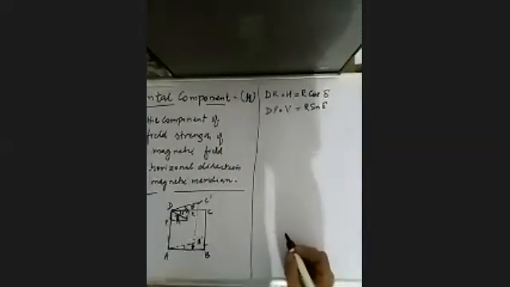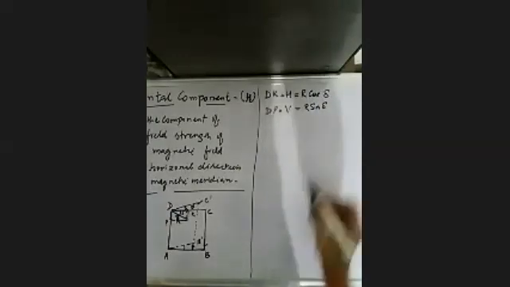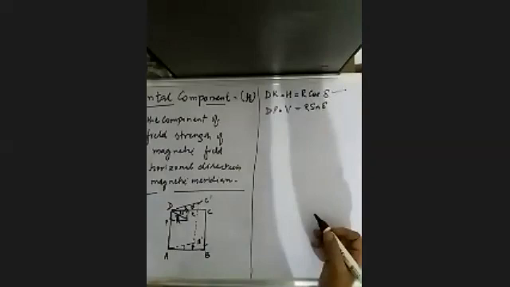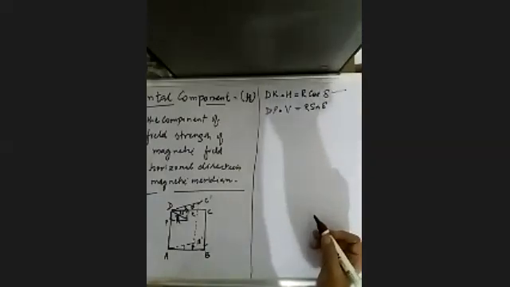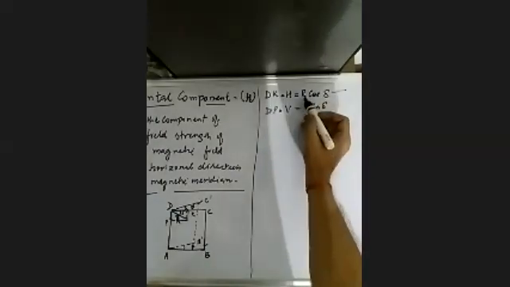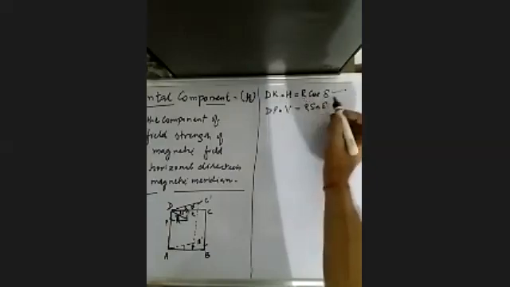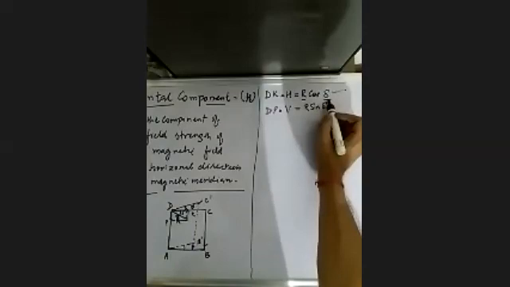So we can get the vertical as well as the horizontal component. R is the total strength of the magnetic field of the Earth at that place, and delta is the angle of inclination or angle of dip at that place.